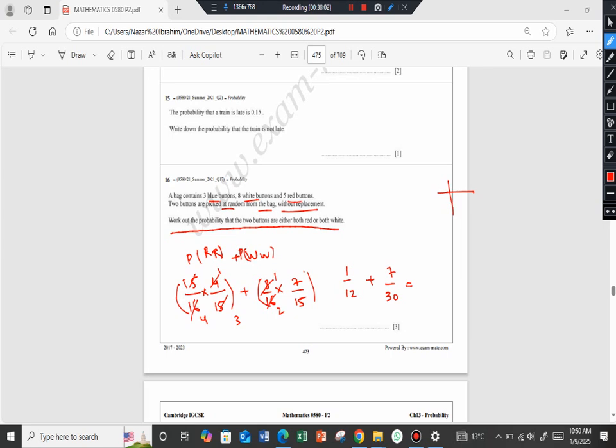Okay, so 12, 30: 2 sixes are 12, 2 fifteens are 30, 2 threes are 6, 15; 3 ones are 3, 5 and 5 ones are 5. 2 times 2 times 3 times 5 is 60. So 60 divided by 12 is 5, 5 times 1 is 5; 60 divided by 30 is 2, 2 times 7 is 14. So 14 plus 5 is 19 upon 60, the answer for the probability that two buttons are either both red or both white.